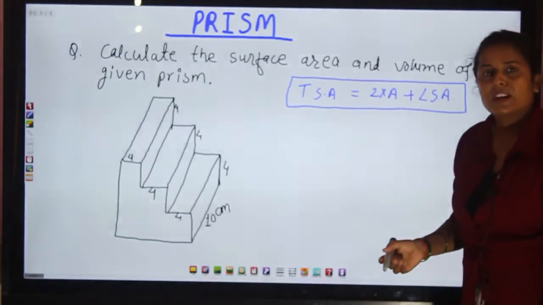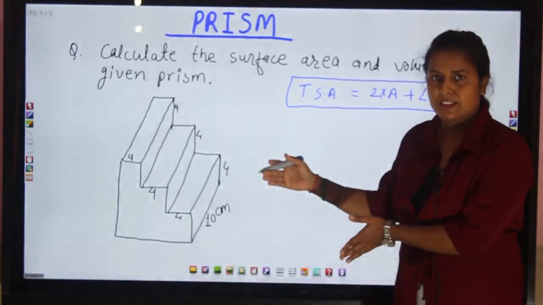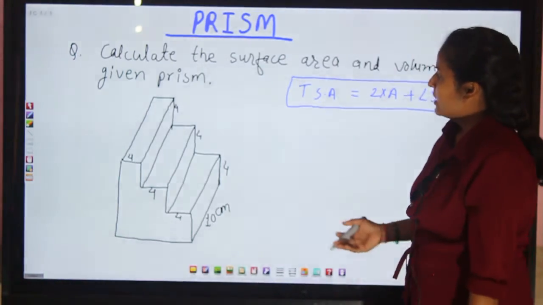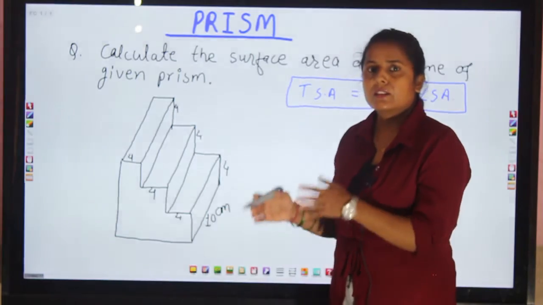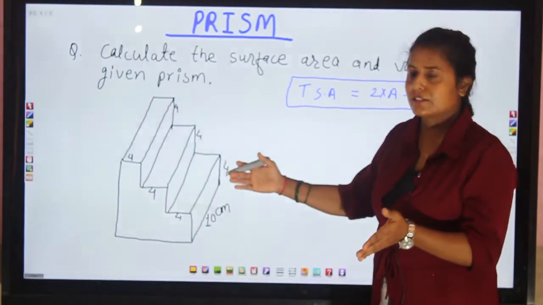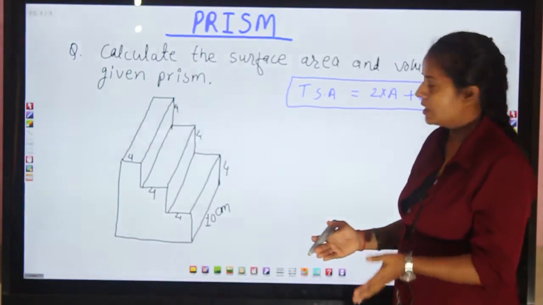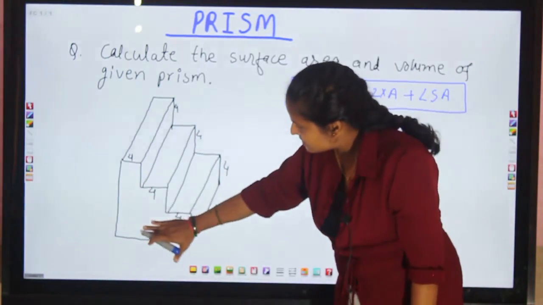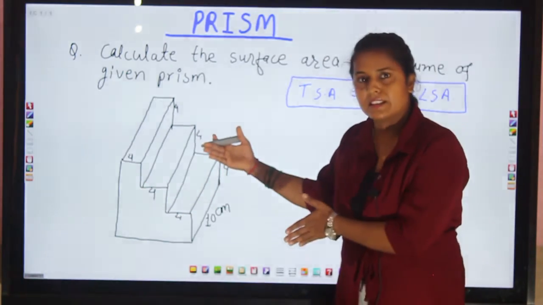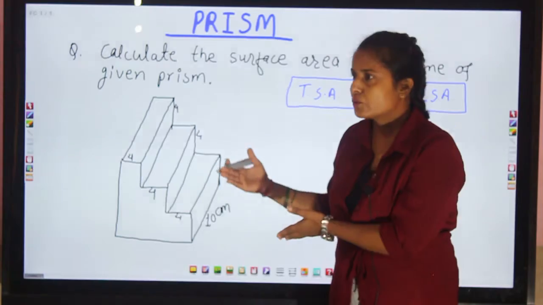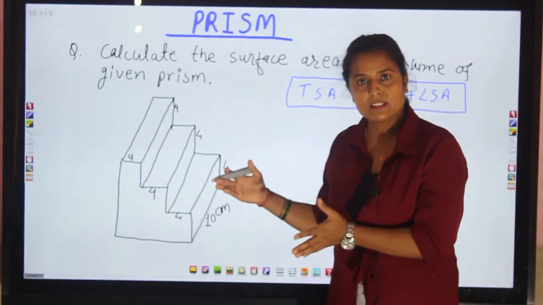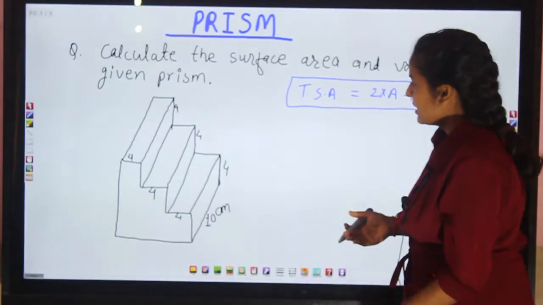First of all, we have to find out the height of the prism here. Can you find the height of the prism? The line which joins the congruent parallel opposite faces is called the height of the prism. Here this face is the base of the prism, and at the back side there is again the same face, so that is called the base of the prism, because these two parts are congruent and parallel.